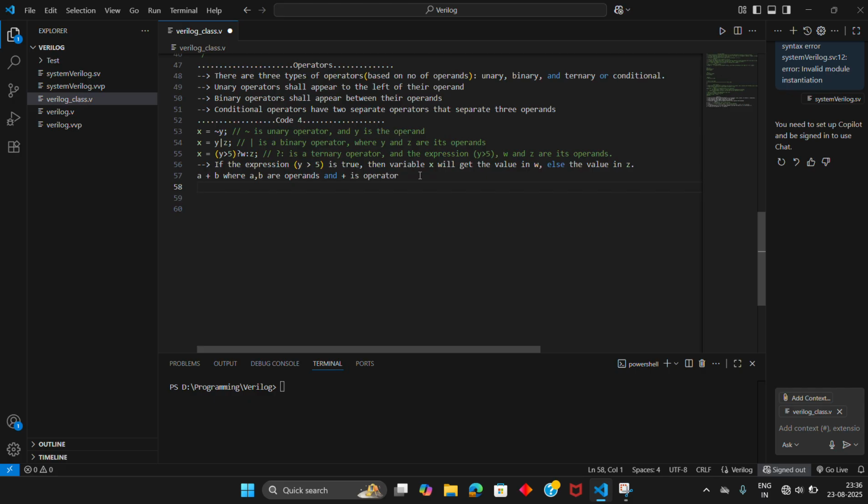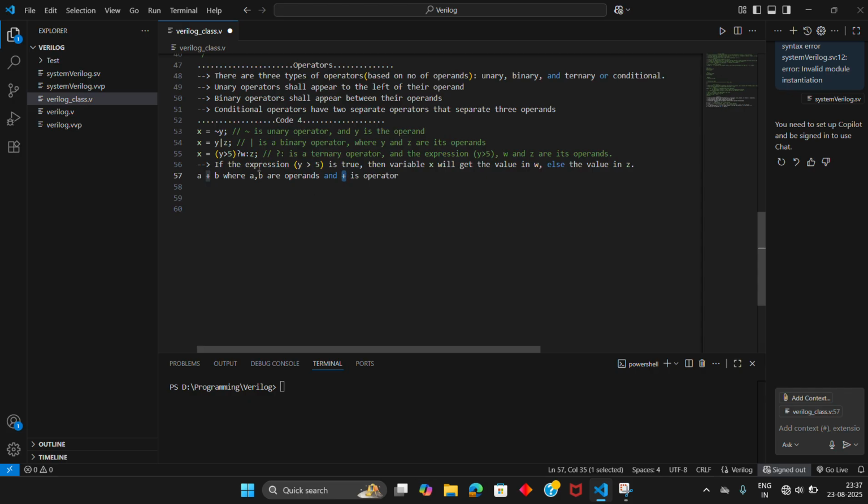An operand is nothing but a value or a variable on which we perform an operation using the operator. I will discuss with an example: a plus b, where a and b are the variables which contain the values, called operands, and on a and b we perform an operation with the operator plus.